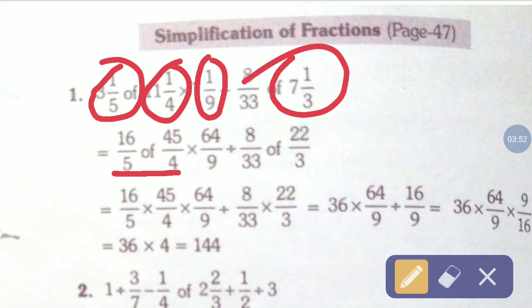Next term is 11 whole 1 upon 4. So 4 11s are 44 plus 1, 45 upon 4 multiplied by 64 upon 9. Again convert that into the improper fraction, then the division sign, and then again of means multiplication. Now we will put a multiplication sign instead of of.